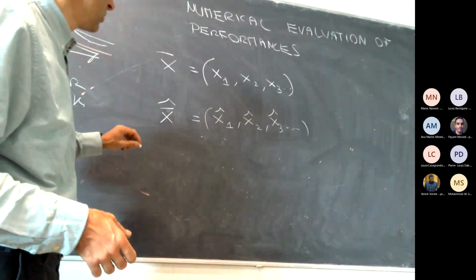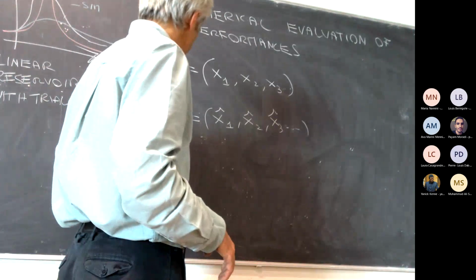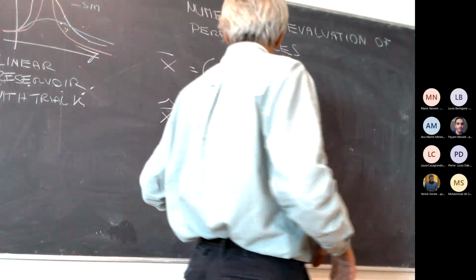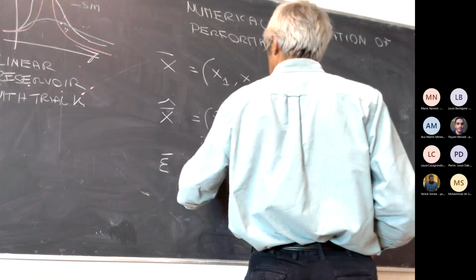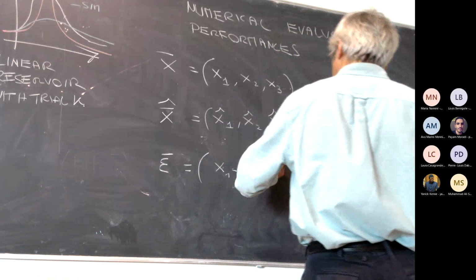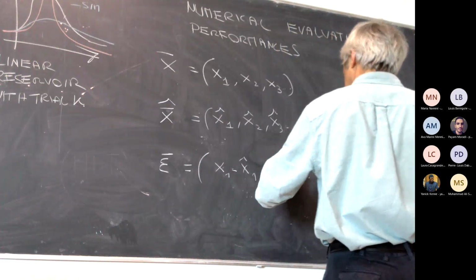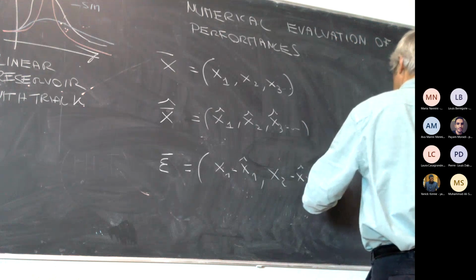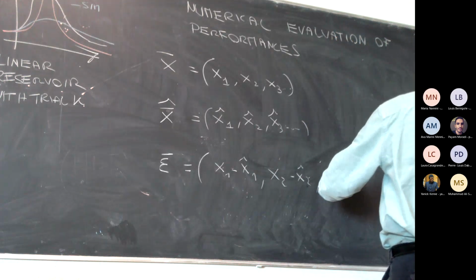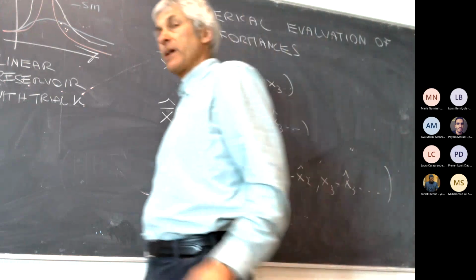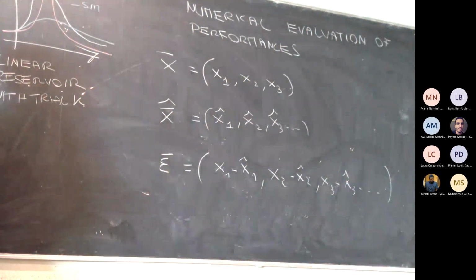And then I can compute the difference between the two. So epsilon is a vector which is equal to x1 minus x hat 1, x2 minus x hat 2, x3 minus x hat 3. We can compute this vector of errors, let's call them.